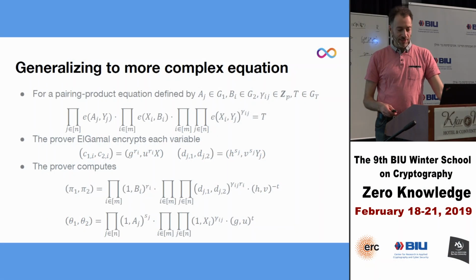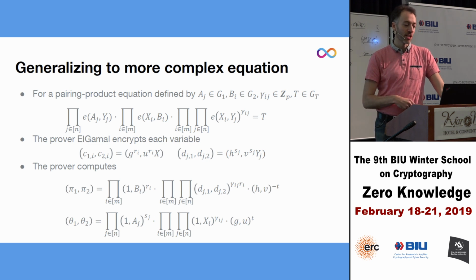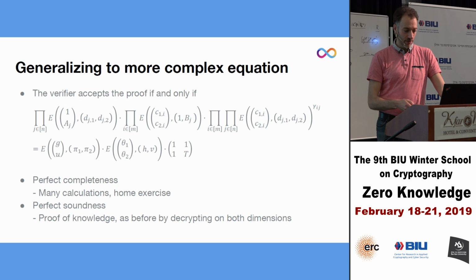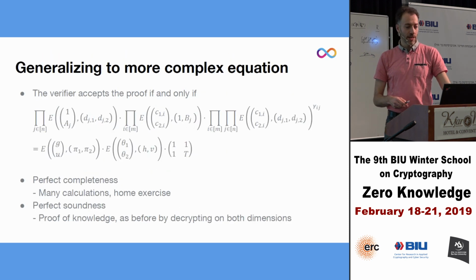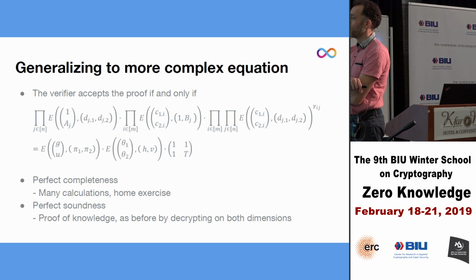Okay, so as I noted, we can generalize this proof system that we illustrated for a very simple special case. We can generalize that to any pairing product equation. Okay, and you get this complicated looking verification equation, but it's not quite so complicated.